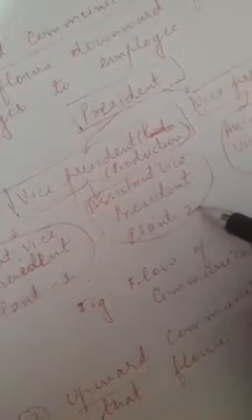Then from the vice president production, the information passes downwards to assistant vice president plant 1 and assistant vice president plant 2, and from vice president marketing we have assistant vice president north and assistant vice president south. So you can see that from president to vice president and then to assistant vice president, from top to bottom the information is flowing.